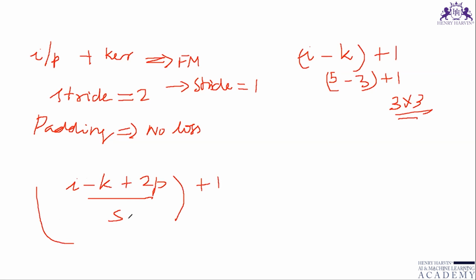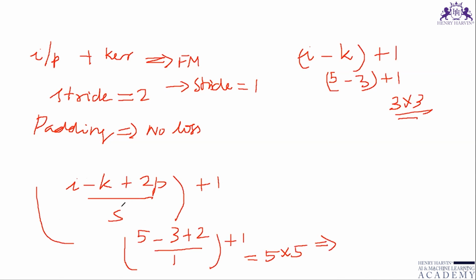In that case, we used stride as 1. So 5 minus 3, we used 1 padding, divided by s which is 1. So what did we get? 5 minus 3 is 2, 2 plus 2 is 4, 4 plus 1, 5 cross 5. That's why I said we are not losing any information. So in this case, if you use stride as 2, it will change, right? Clear? Yes. So this is another formula. And then here, what did we see?